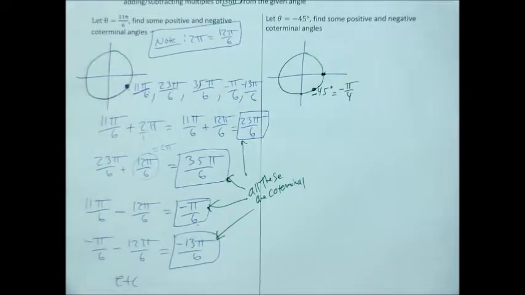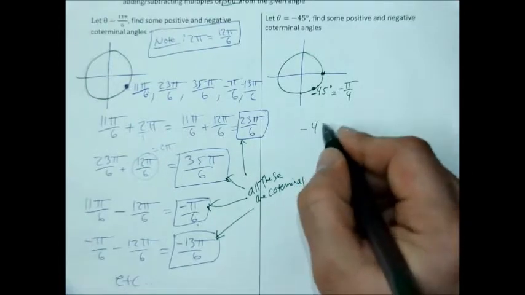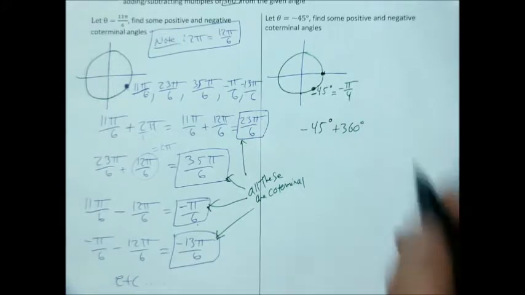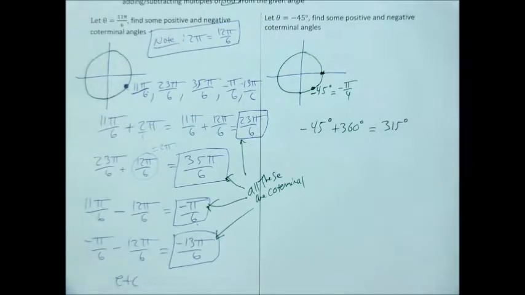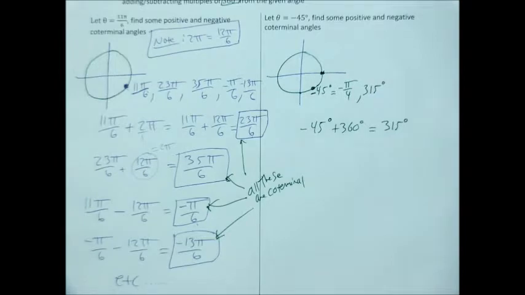Okay? And if we want to find some coterminal angles to minus 45 degrees, we would just add or subtract values of 360. So we could take minus 45 degrees and add 360 to get a coterminal angle. If we added those two, that would be 315 degrees. And so 315 degrees is also coterminal.